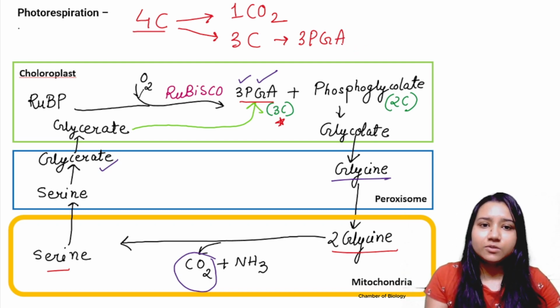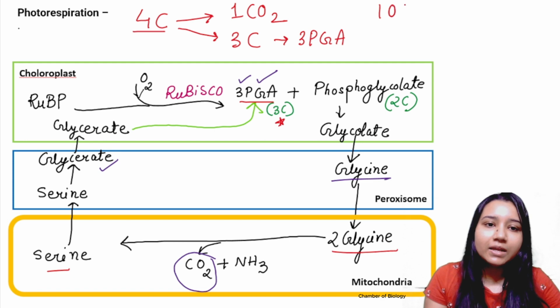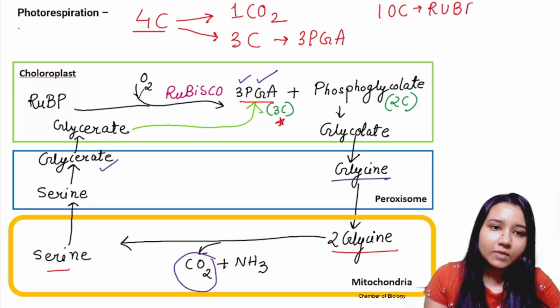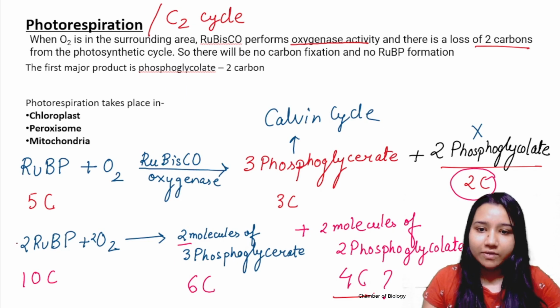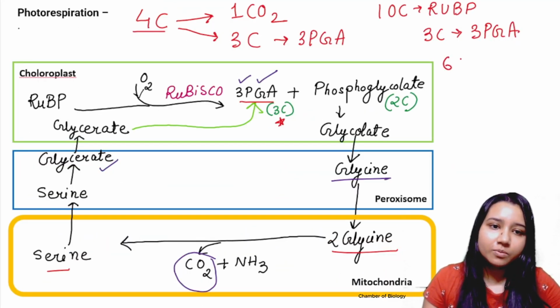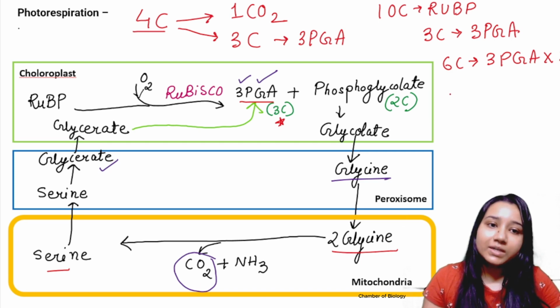So what we can see, students, is that out of the 10 carbons of the RuBP, we get a 3 carbon compound, that is 3-PGA, and the 6 carbons which we have already seen, we are also getting back, right? So this is also being fixed, 2 molecules of 3-PGA. But what is lost?